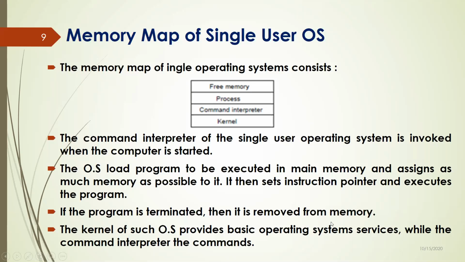If a program is terminated, then it will be removed from the memory. That means when it gets terminated, the entire memory will be free. The kernel of such an operating system provides the basic operating system services, while the command interpreter gives the commands. So the command interpreter and the processor, along with the kernel and memory, perform the particular operation.